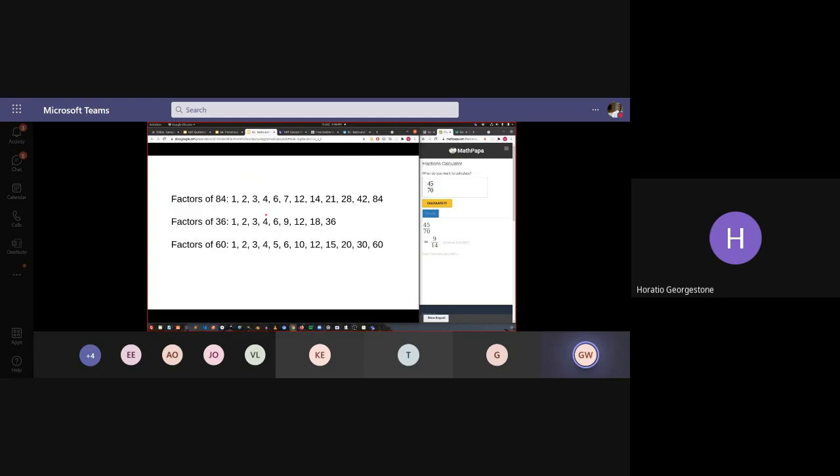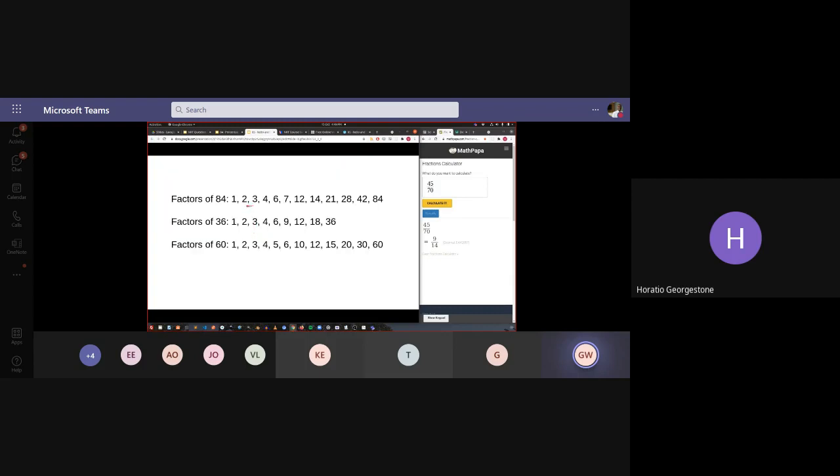So, the first way is to just find the highest common factor of these 3 numbers. Just to recap, we're looking for the highest common factor, the highest number that they can all be divided by, and get a whole number as the result of the division. And then we want to divide them all by that number.